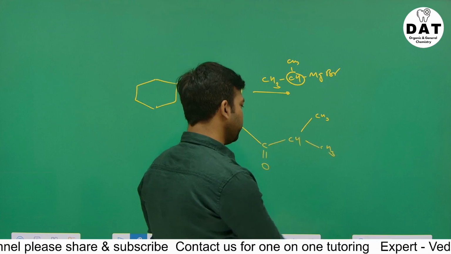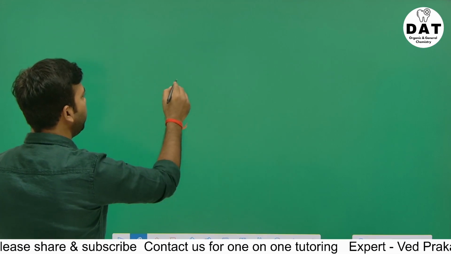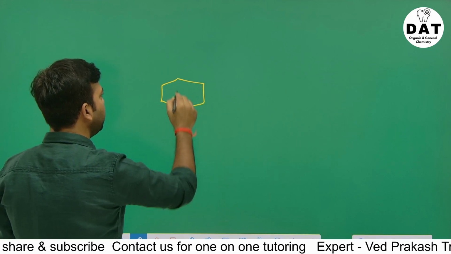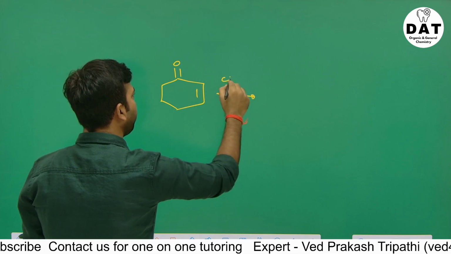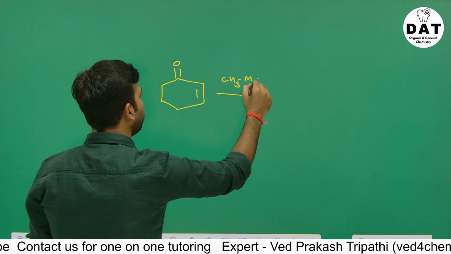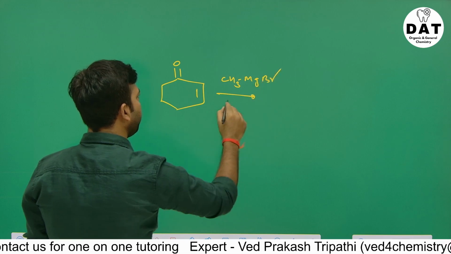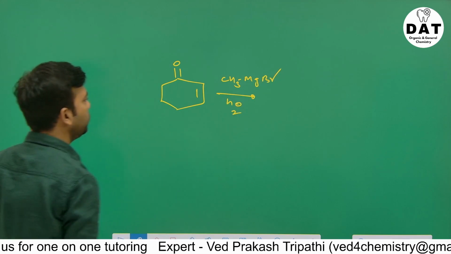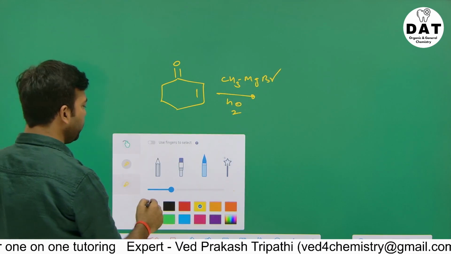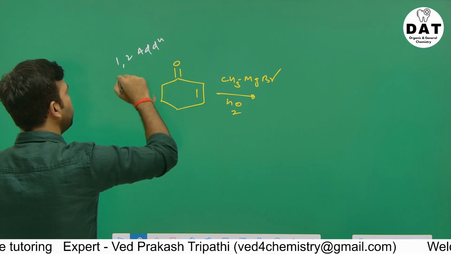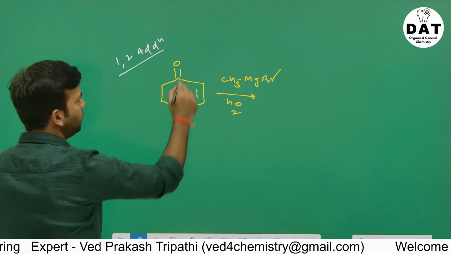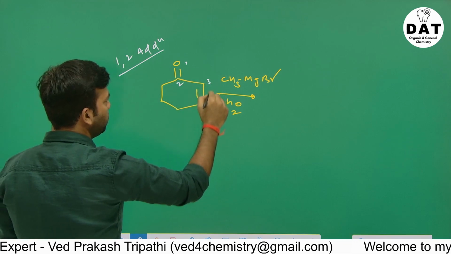Now the very last one, conjugated enone with Grignard. So this is 1,2 addition. What is 1,2 addition? This is 1, this is 2, this is 3, this is 4.